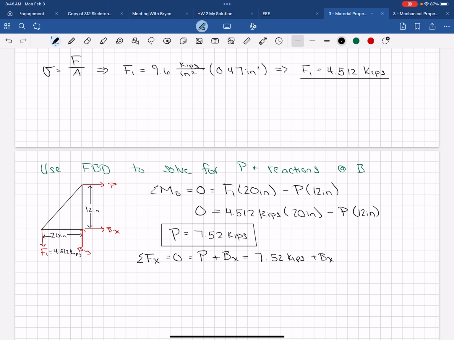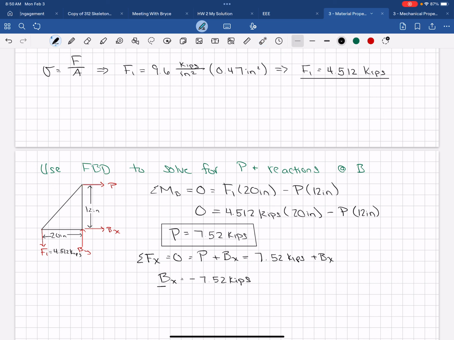So Bx just equals a negative 7.52 kips. So all that means is that I drew Bx the wrong way, which is fine. It actually goes that way, which makes sense because P goes that way. So we know that.